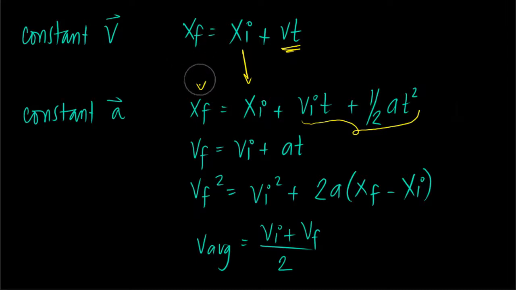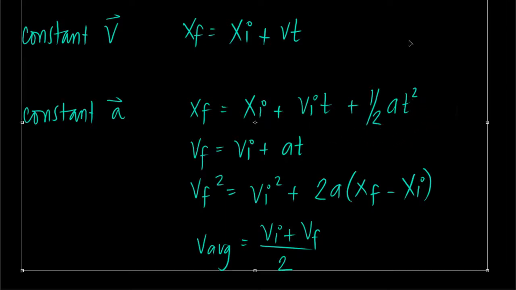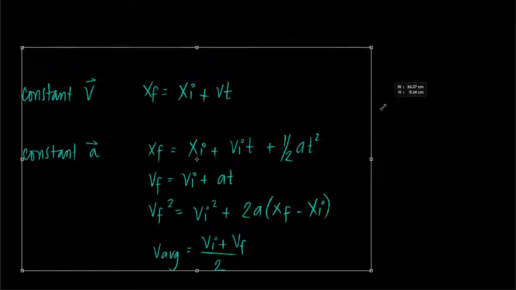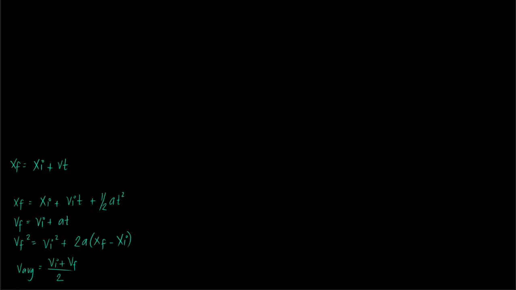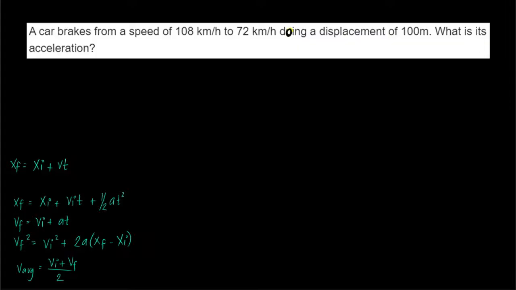Now, i-erase ko ni siya, kay kilanglanon ko ang set of formulas for our problems. And then, i-plus star dito sa gilid. Okay. As for the request, here's a problem wherein ang atong vi is not 0. A car brakes from a speed.